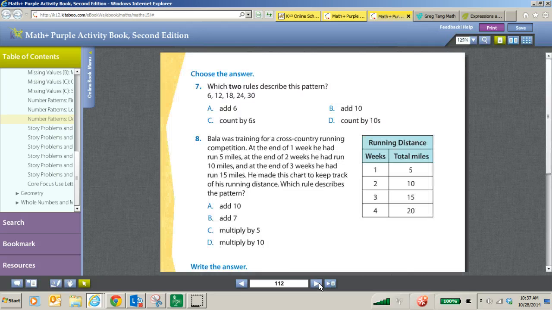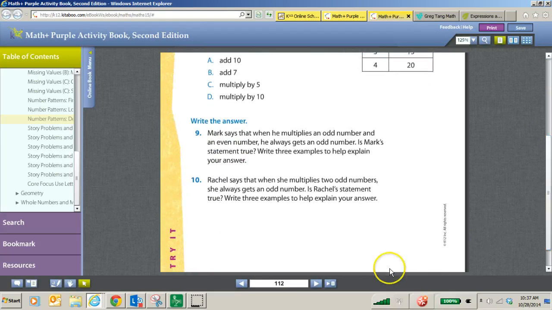The great thing about this unit is it also encourages students to use a table. And so here we have week 1 and we have 5 miles. Week 2 is 10, and you can see the pattern is multiplying by 5. So as we have our pattern, we can see that each time it increases 5 times.